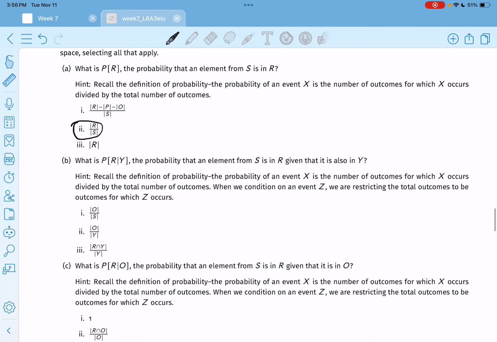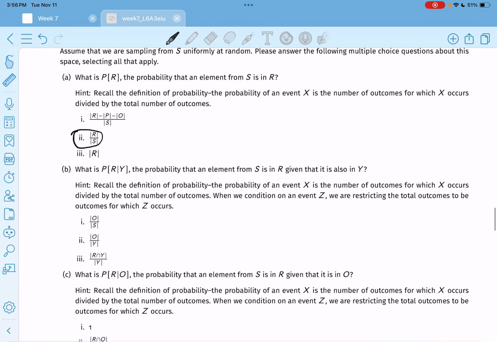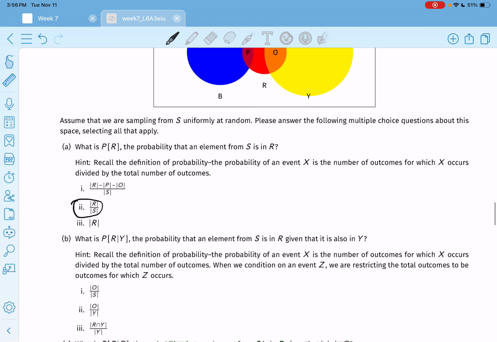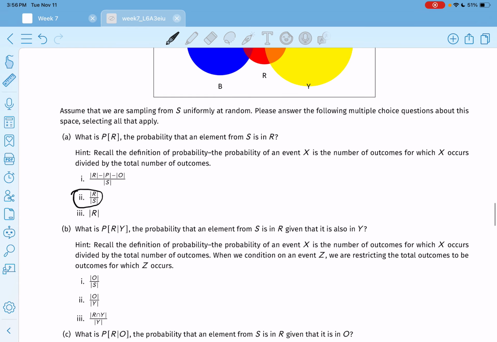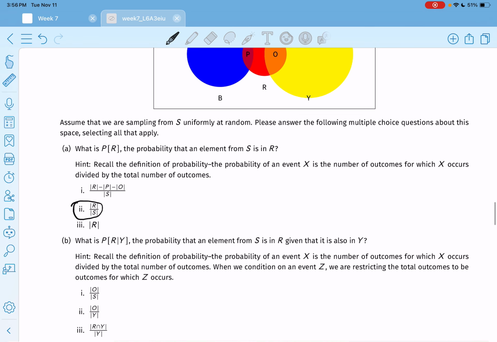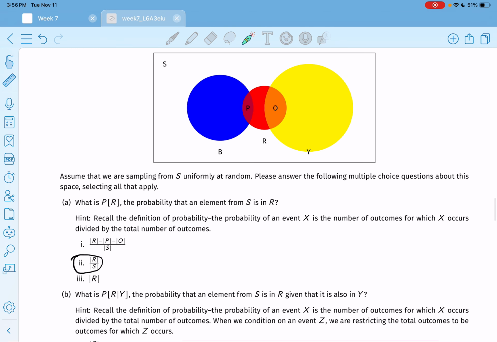And then what is the probability of R given Y? Still, we need to go to this hint about the possible outcomes. We are given Y, which is this part, and we want to know what is the probability that it is also in R, which is this area.